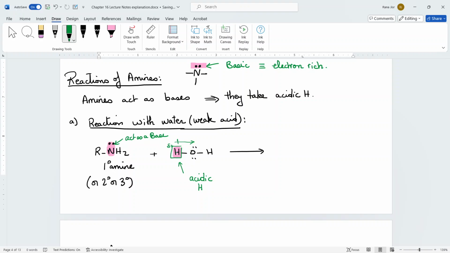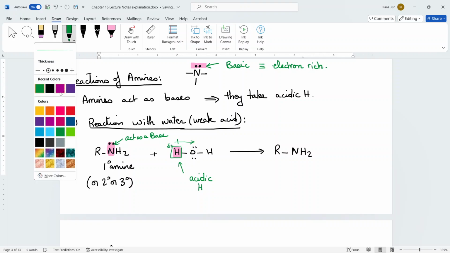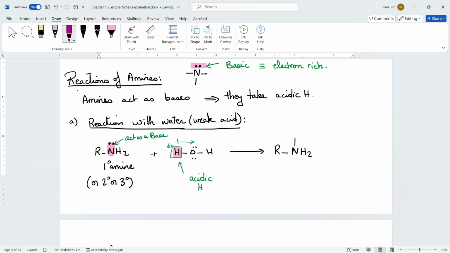Bases take acidic hydrogens, and if this happens, then we're going to make a new bond between the nitrogen and the hydrogen. Let's go ahead and draw that new bond like this, and then a hydrogen over here. So the base is going to come and take this hydrogen and create that new bond.